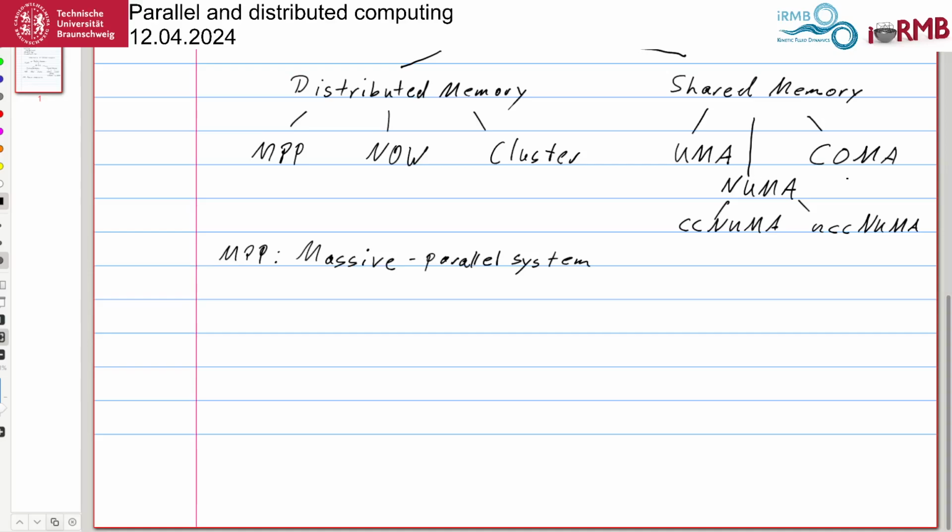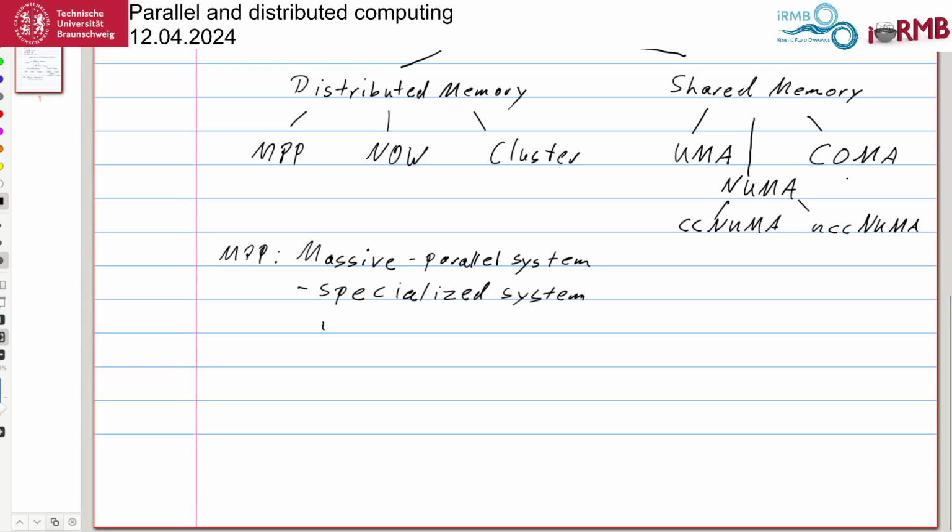This is very specialized hardware that has been designed for this system, and usually also software designed for this system.